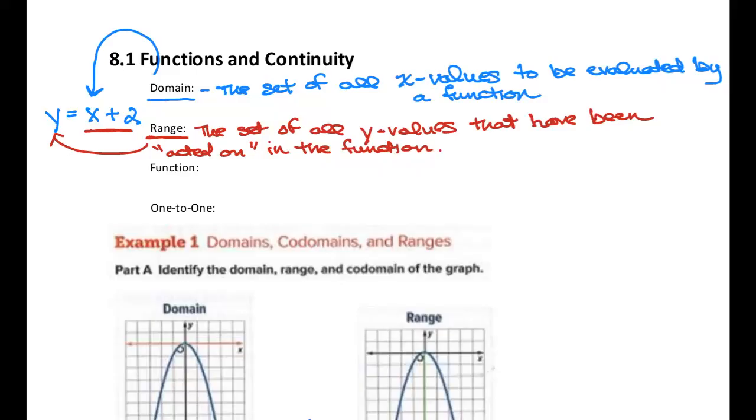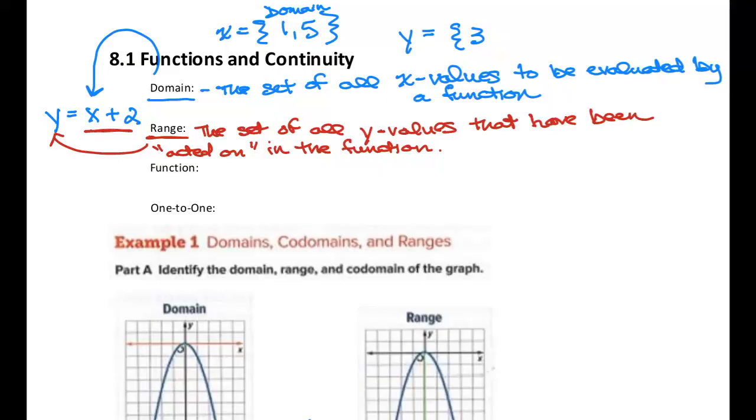So let's say I'm going to let x be equal to, let's say, 1 and 5. If x is 1 and 5, that's my domain. Then the y values, after I substitute in, if x is 1, 1 plus 2 is 3.